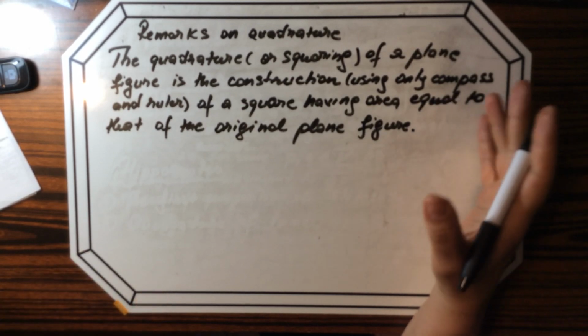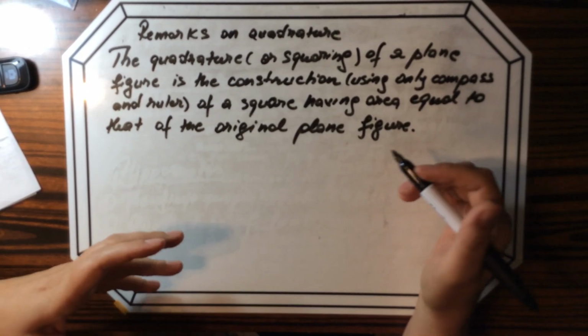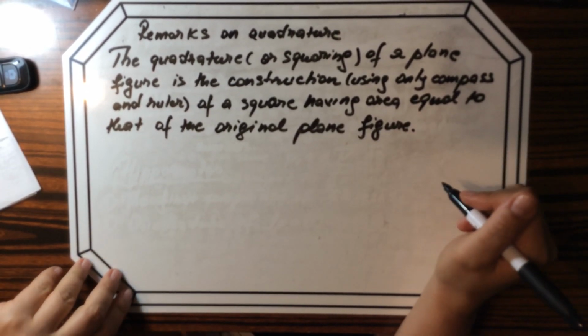If the quadrature or squaring of a plane figure can be accomplished, we say that the figure is quadrable.